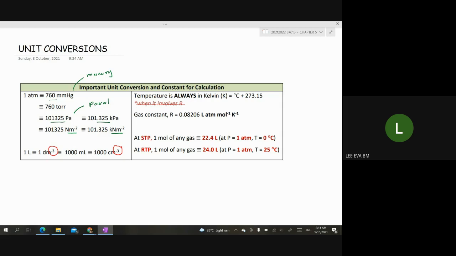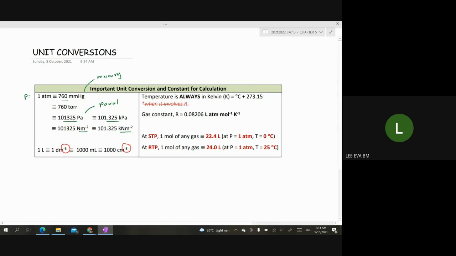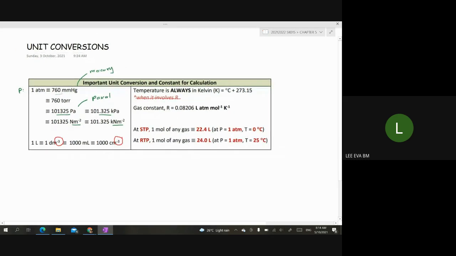So let's just try the pressure. So this one stands for your pressure, yeah? Okay, kita cuba. Okay, now if I give you a value of 740 torr, how am I going to convert it into atm? Macam mana nak convertkan dia kepada atm?